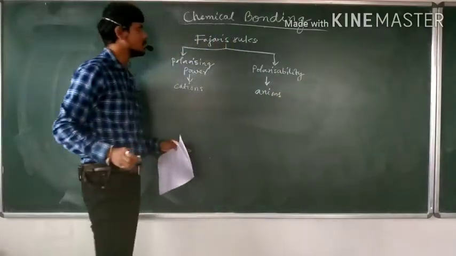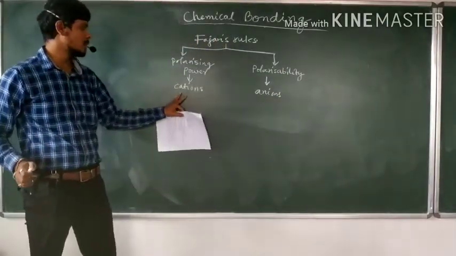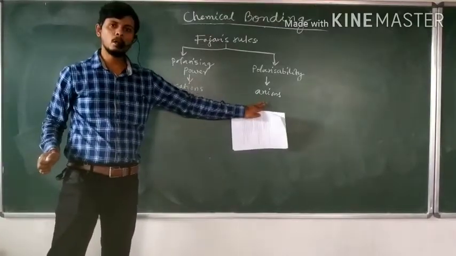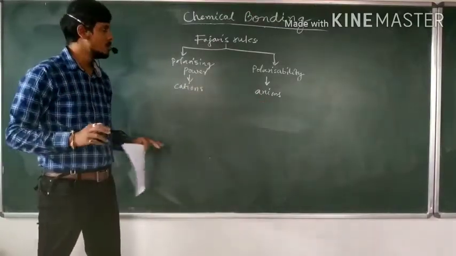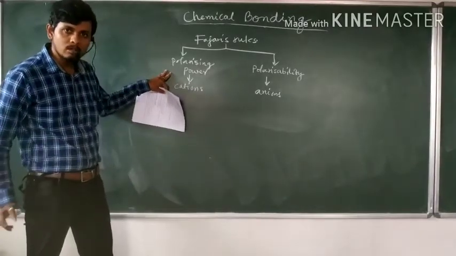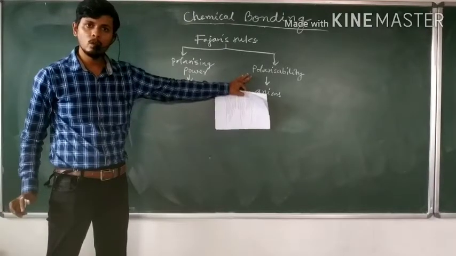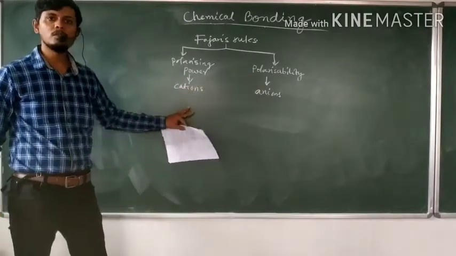Now, the higher the polarizing power of a cation, and the higher the polarizability of an anion, the more is the covalent character of the compound.